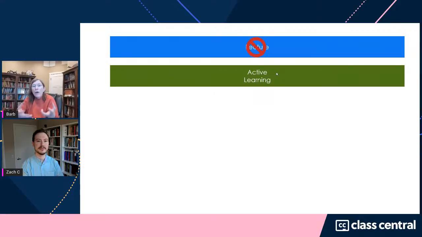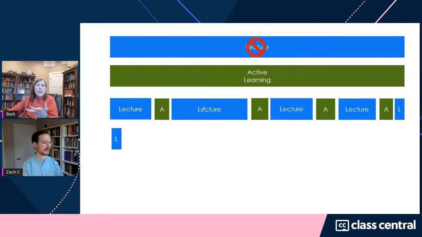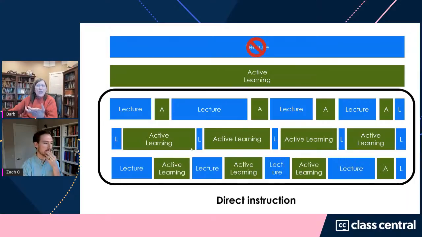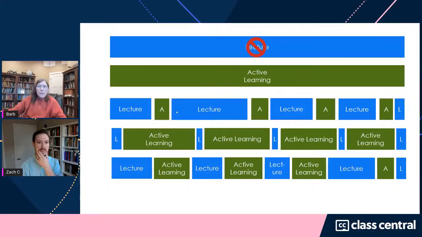You can't just figure everything out on your own. You need some lecture or explicit instruction to at least get started with what you're learning. So in fact, it looks like something more like lecture, some explicit instruction mixed in with active learning, is really probably the best way to go.